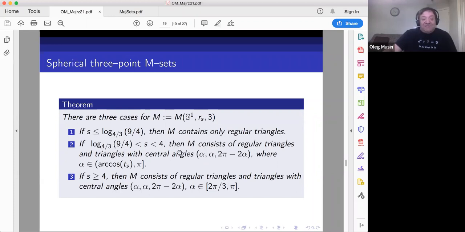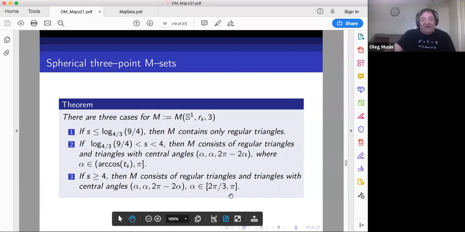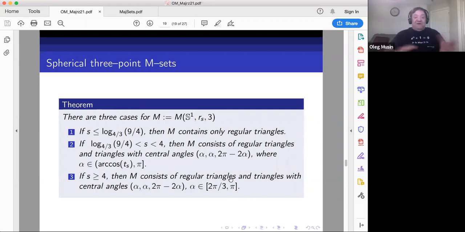When s is between this number and 4, we have a regular triangle and a one-parametric family. And for s greater than or equal to 4, we also have regular triangles, which are always a solution, but also some parametric family.